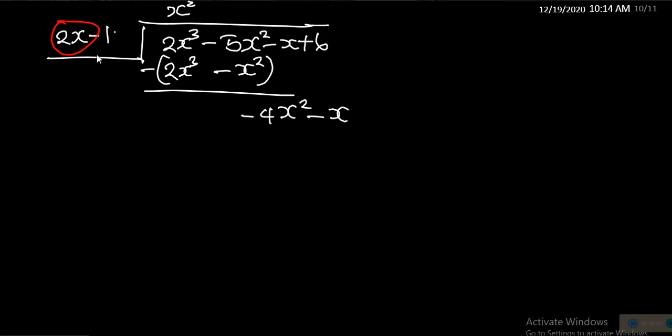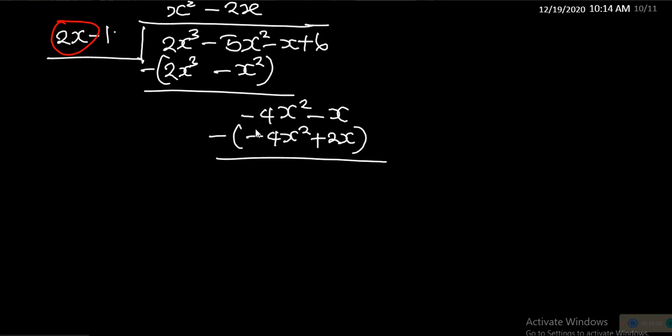Okay, 2x into minus 4x squared, that should be minus 2x. If we multiply, we have minus 4x squared, and minus times minus is plus 2x. If you subtract, minus times minus is plus, this one will cancel each other, minus times plus we have minus x minus 2x, which is minus 3x.